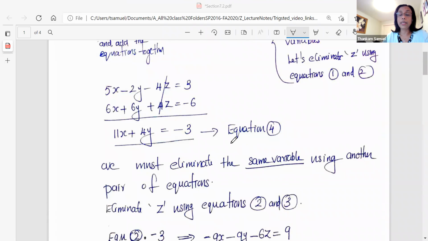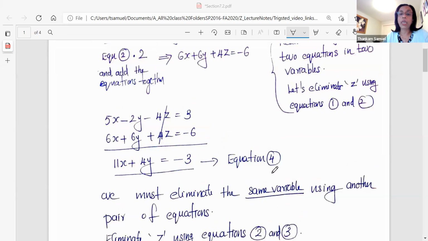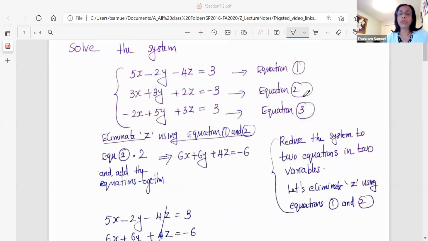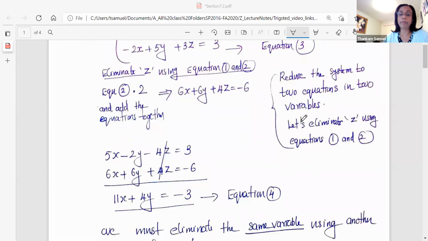Then the next step is very important. We must eliminate the same variable using another pair of equations. So we already took equation 1 and 2. Now you can take 2 and 3 or 1 and 3.